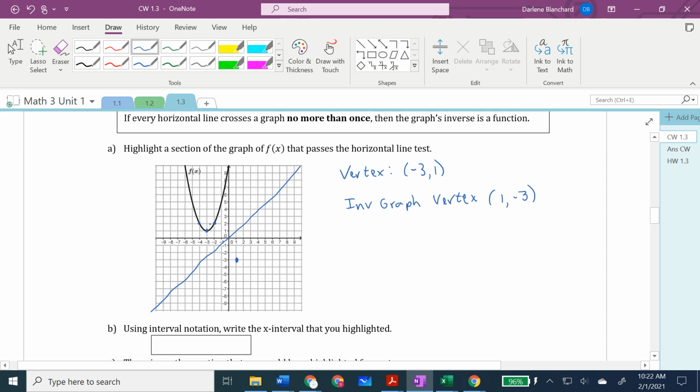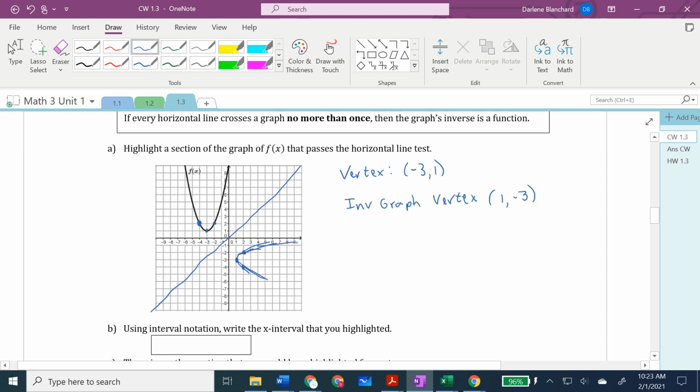Some points that I know are on the graph of the function include (-2, 2). That means (2, -2) is a point on the inverse. This point, (-4, 2), means (2, -4) is a point on the inverse.